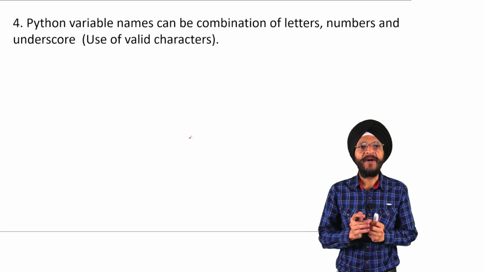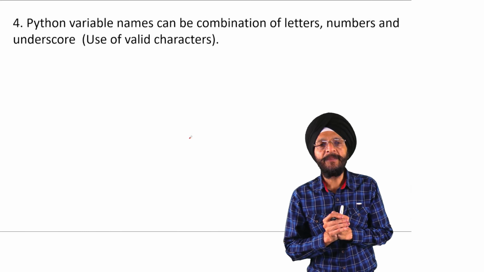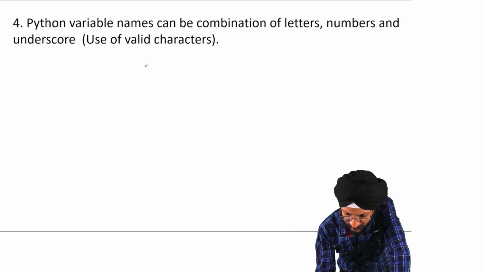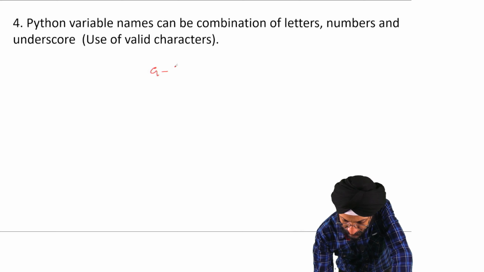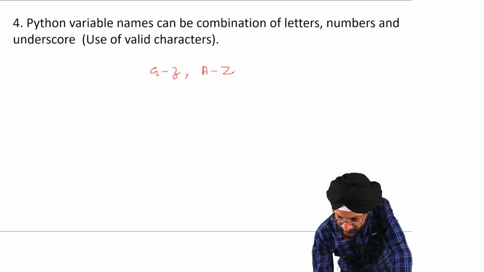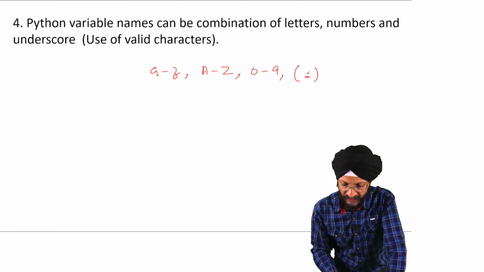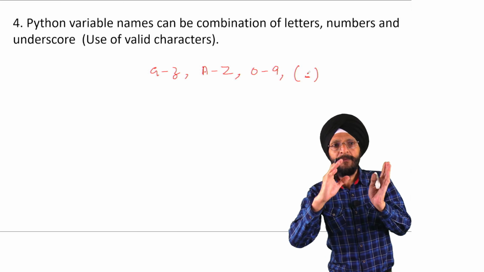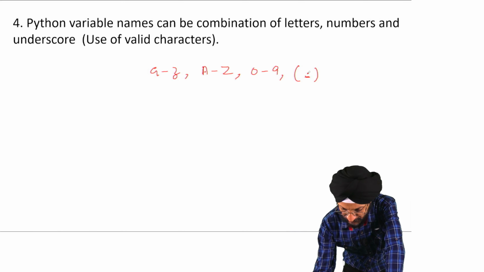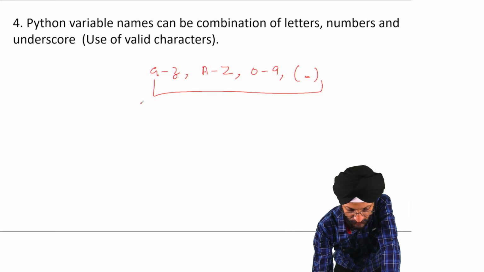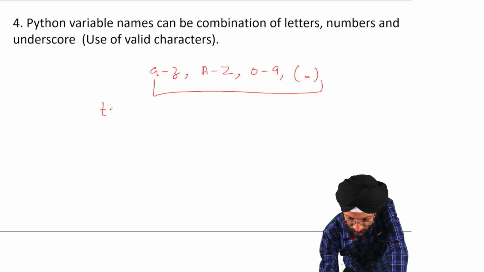Next, Python variable names can be a combination of letters, numbers and underscore. Letters means A to Z in lowercase and uppercase, numbers means 0 to 9, and underscore is this. That is, a variable name can be a combination of all these. For example, total_cost is a valid variable name. If we write age1, it is a valid variable name.